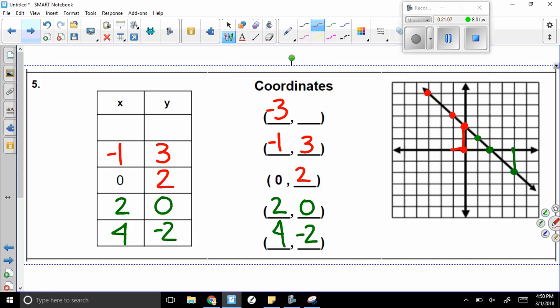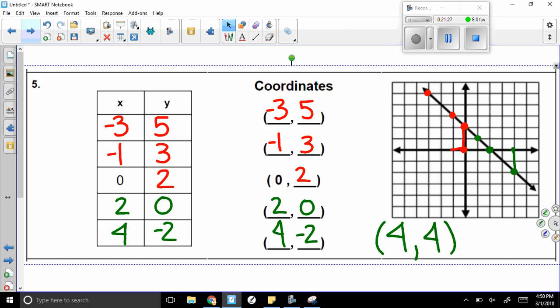So in this example, number 5, there might be a few that you and I have differently, but make sure it's touching the line. For example, if I was to put down the coordinates (4, 4), for +4, +4, and I followed it on this line, I started at the origin, I went over 4 spaces to the right, and I went up 4. (4, 4) would not be a point on my graph.